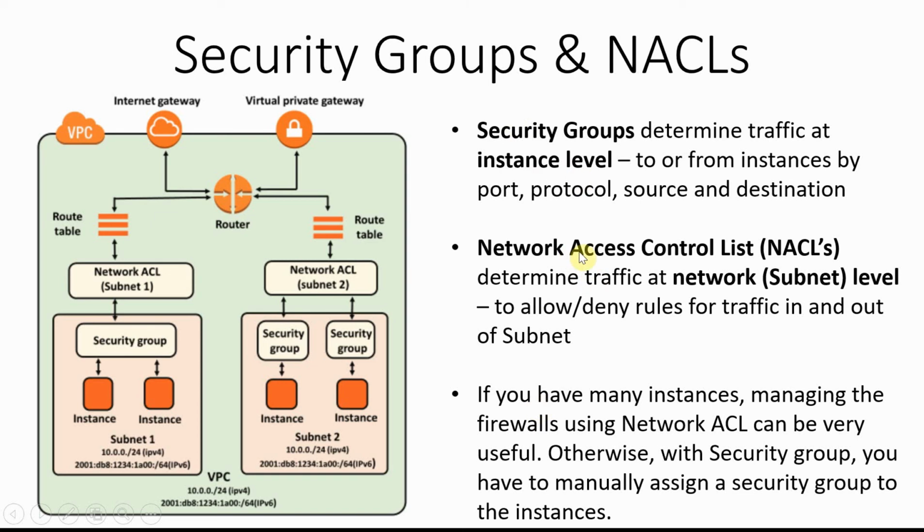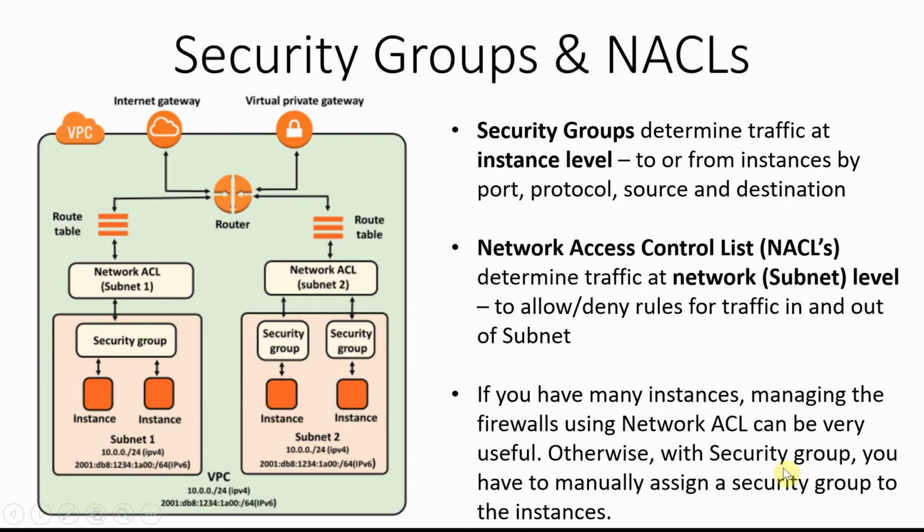Generally, security group is at instance level, NACL at subnet level. So if you have many instances and are managing the firewalls, then generally you will use NACL, where you define the firewalls at a NACL level. Otherwise, if you're talking about a couple of instances, it's sufficient to define the rules in the security group.